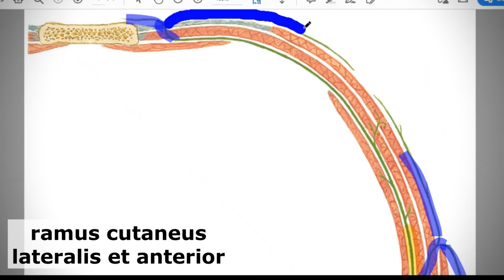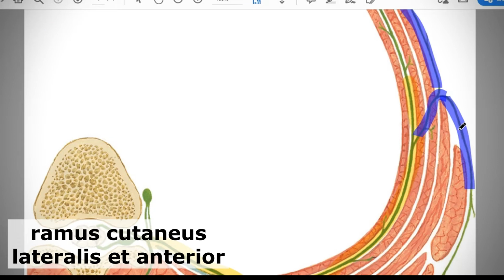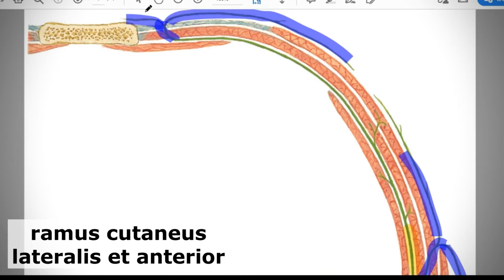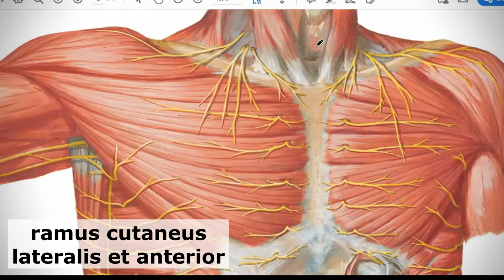The lateral cutaneous nerve supplies this area of your lateral thoracic wall, and the anterior cutaneous nerve supplies your anterior thoracic wall, and you can see them here.